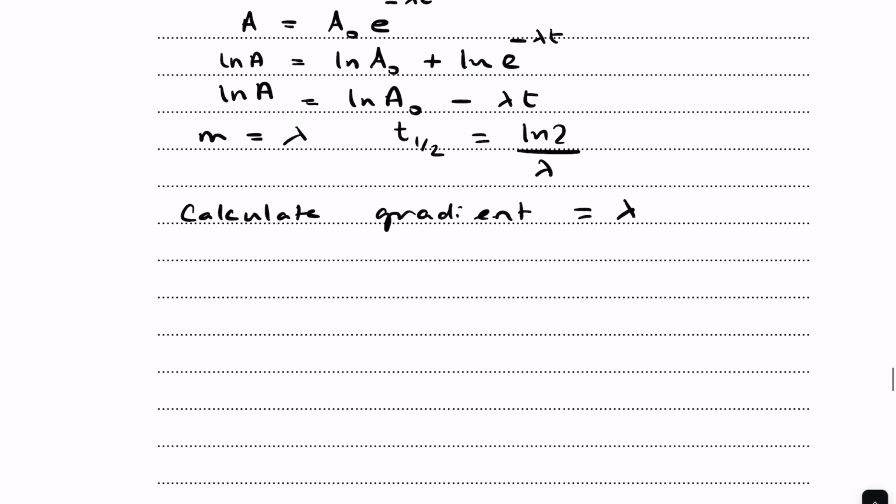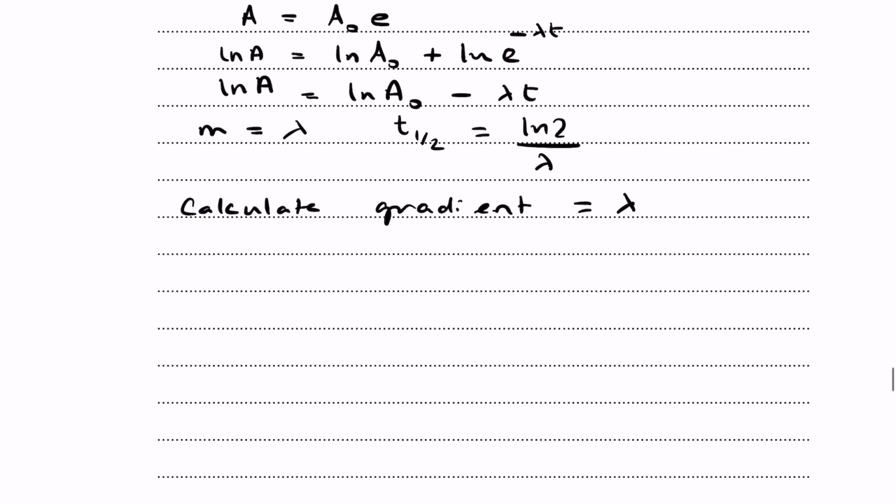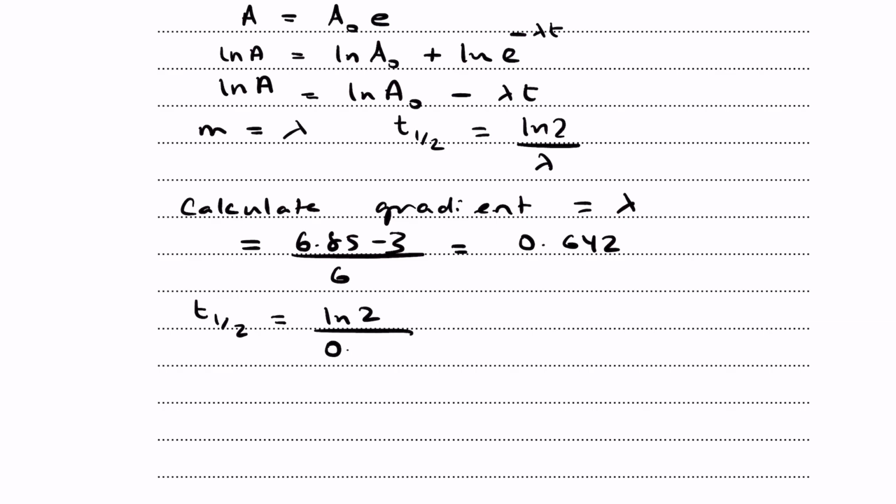So the gradient is equal to 6.85 minus 3 over 6 minutes, and that will be 0.642. Now if I work out the t half, I can do ln 2 over 0.642, which gives me 1.08 minutes.